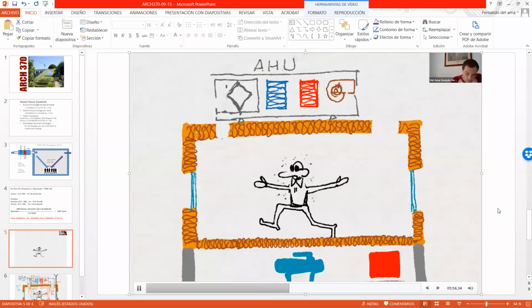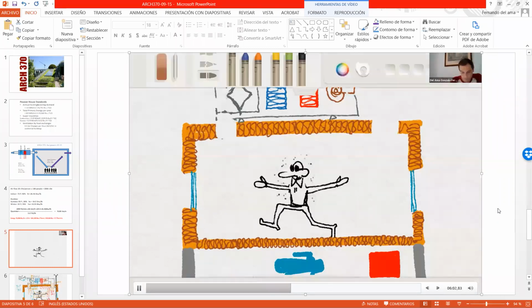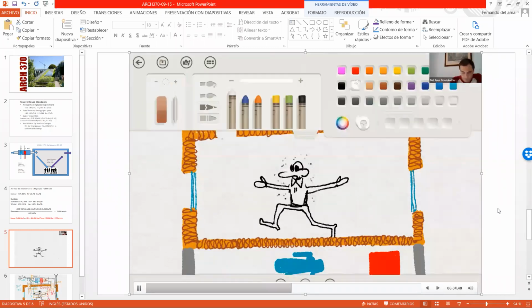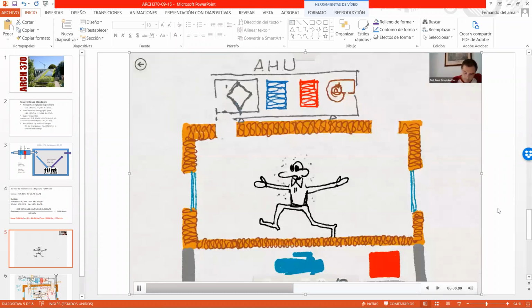So we need two openings because we need ducts. Okay, so there's a duct that goes from the air handling unit to the building. Okay, so there's a duct here, and we have a diffuser or a grill, something that distributes the air.